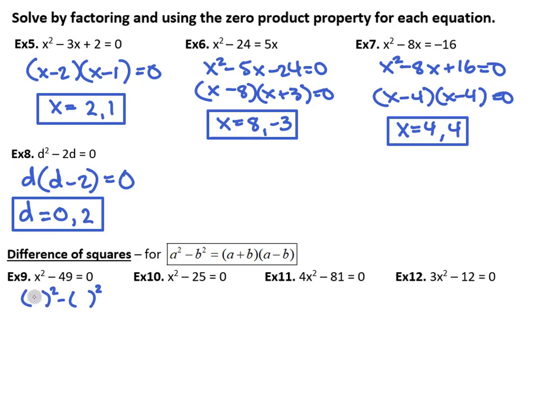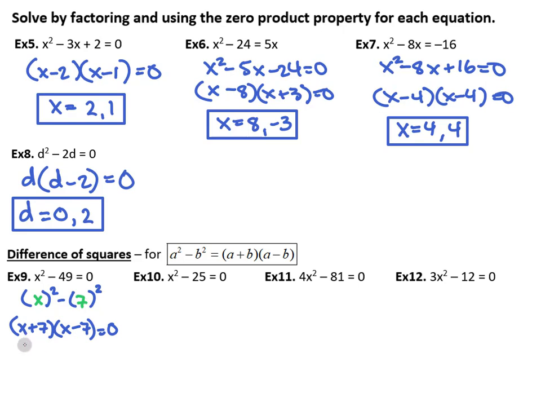To get x squared, you need to do x times itself twice. To get 49, we would need to take 7 times itself twice. So our pattern here factors out as a plus b, x plus 7, times a minus b, x minus 7. And these are our factors using the difference of squares pattern.